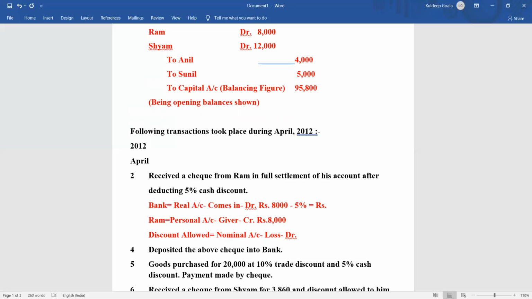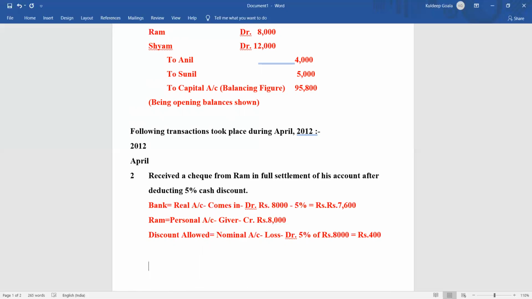So after deducting 400 rupees, how many rupees are we going to get? 7,600 rupees. Clear? That means the discount was how much? It was 5% of rupees 8,000. That means the discount was rupees 400, right? So this is how the transaction is going to appear.